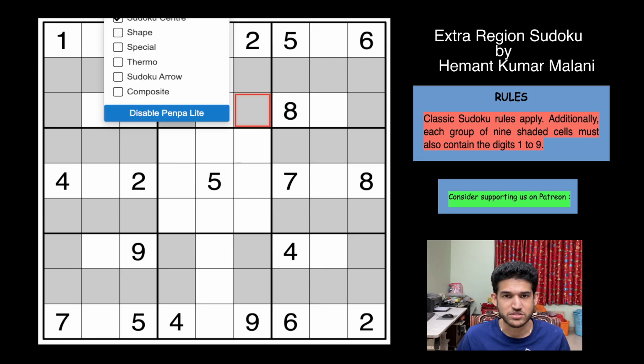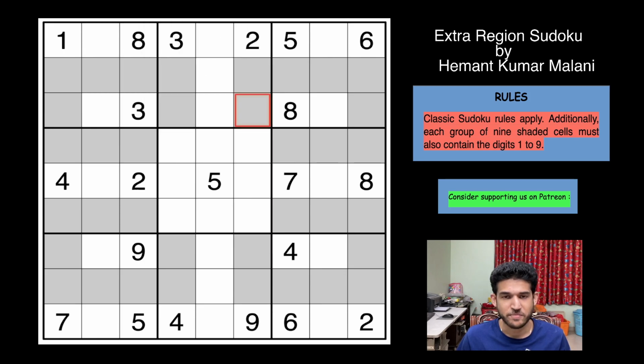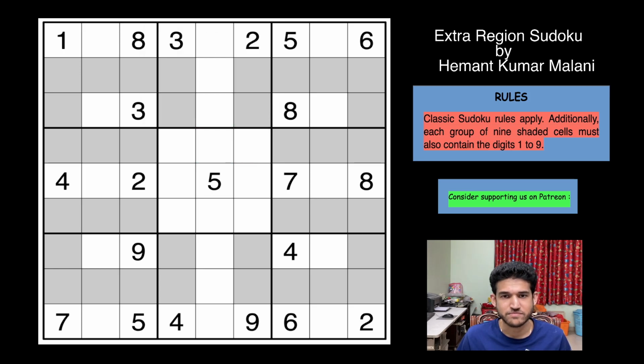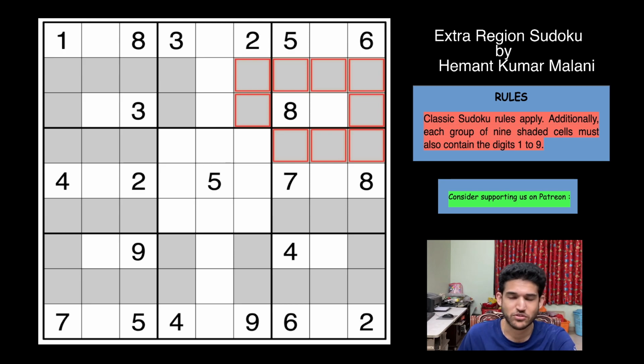For that, let me go to surface mode. Okay. If you look at rows 2, 3 and 4, there are exactly 2 regions completely encompassed into those 3 rows. So some of you might already have got the clue of where I'm getting at.